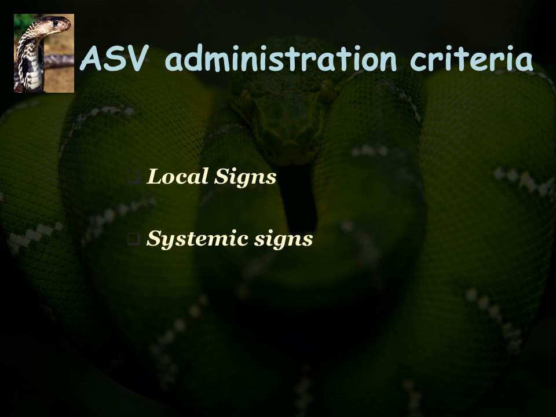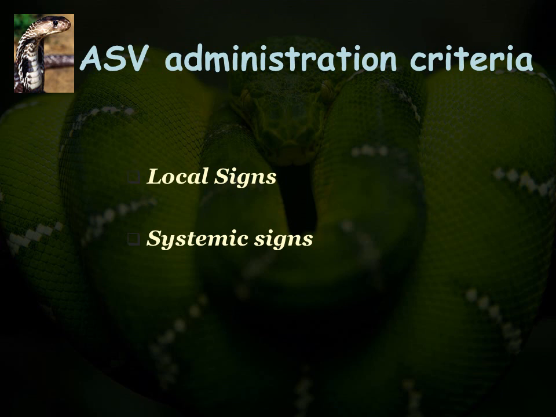There are other minor criteria of the systemic manifestation, which include unexplained bradycardia, pain in the abdomen, continuous vomiting. So these are the other signs which will lead us to identify that the patient has been bitten by a venomous snake. Then we give anti-snake venom.